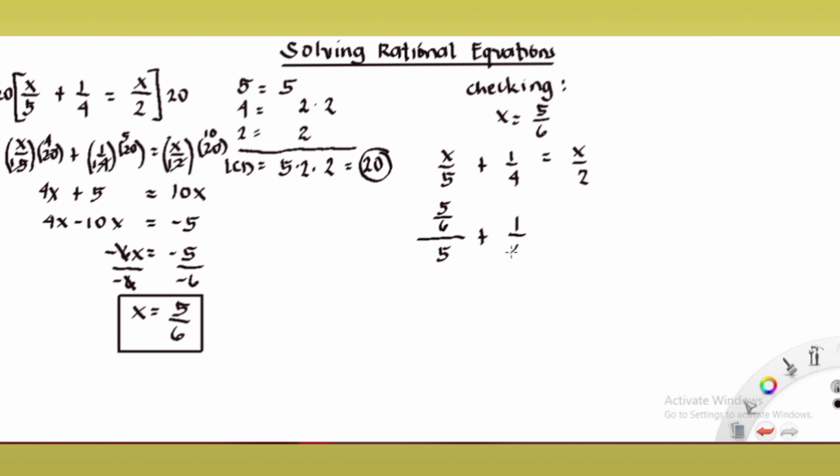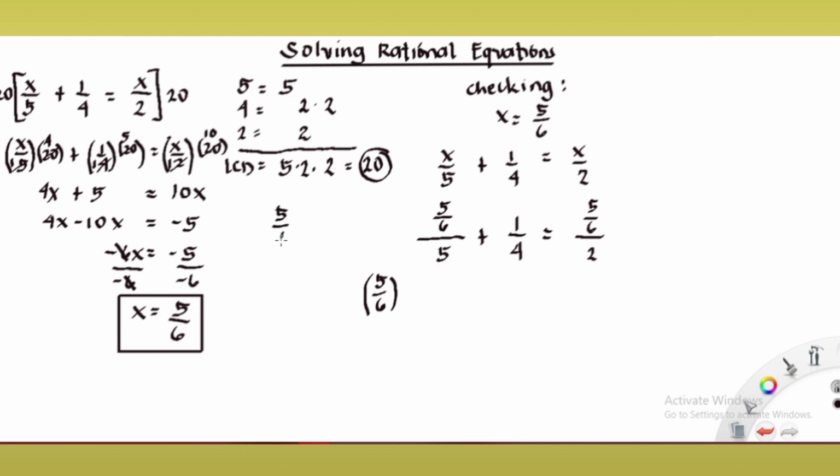Plus 1/4. Equal ba siya sa, okay, x ang numerator, so papalitan natin yan ng 5 over 6 all over 2. Okay? So, fraction divided by 5, ang gagawin natin is, yung numerator, 5 over 6, i-multiply natin, magiging multiplication, sa reciprocal ng 5. Ang 5, pag ginawang fraction, that is 5 over 1.